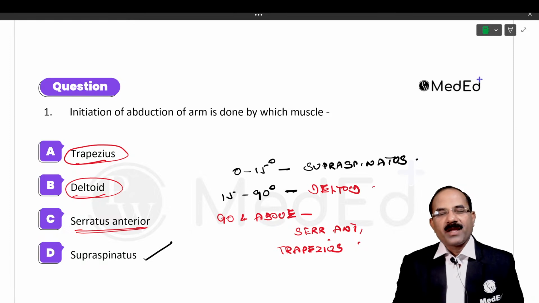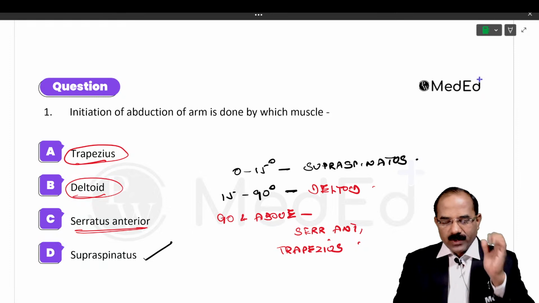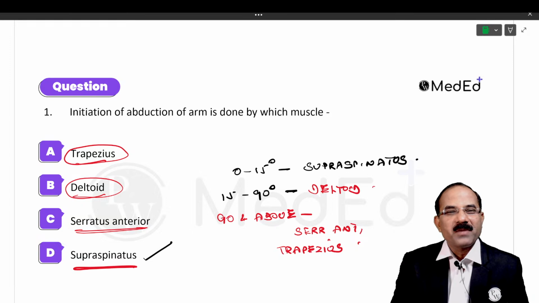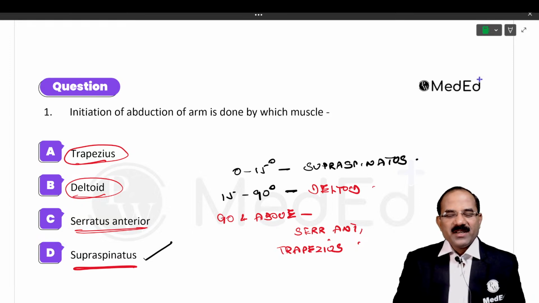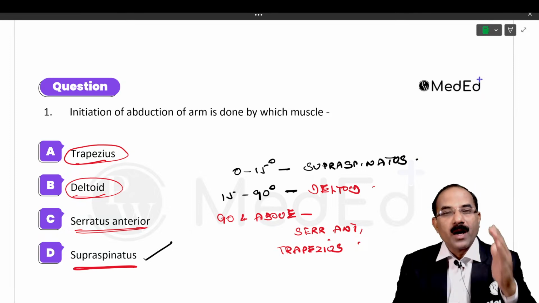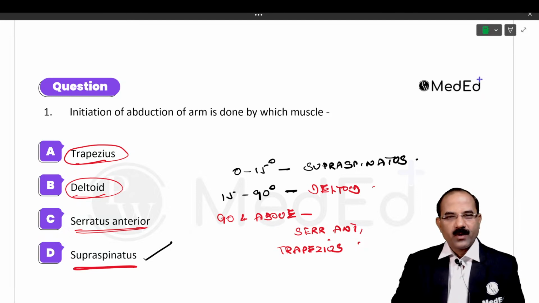It is the long thoracic nerve. This is all you have to know. And supraspinatus is supplied by the suprascapular nerve, which is a branch of the upper trunk of the brachial plexus. Okay, fine.